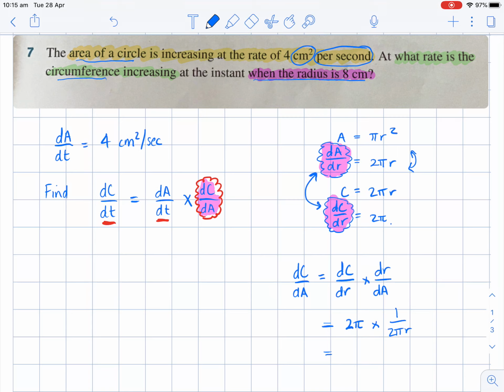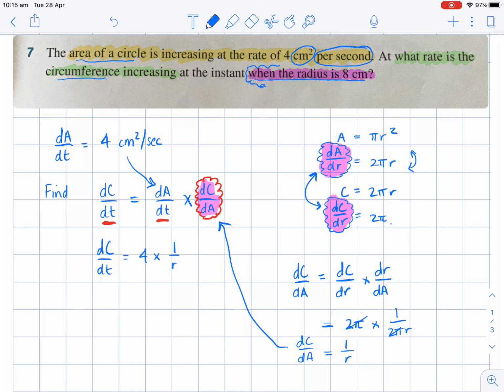All right. So then my 2 pi and my 2 pi cancel out, and I get dC/dA equals 1 on r. Okay, substitute that into my expression here. Substitute the 4 centimeters into the expression here, and I get dC/dt is equal to 4 times 1 on r.